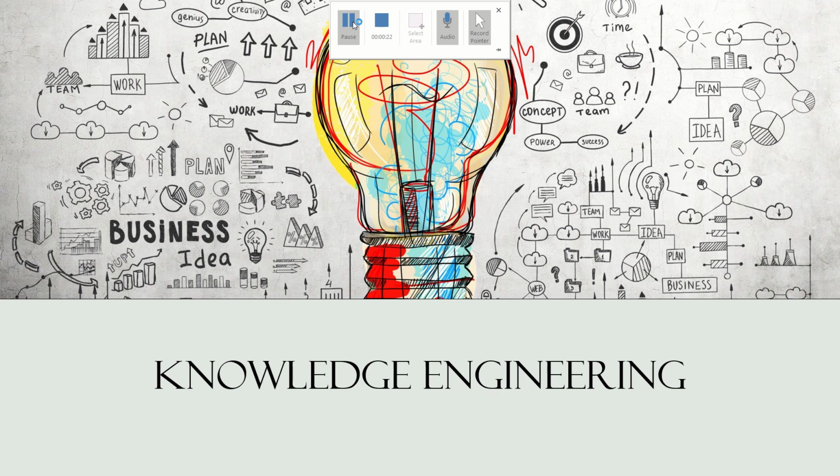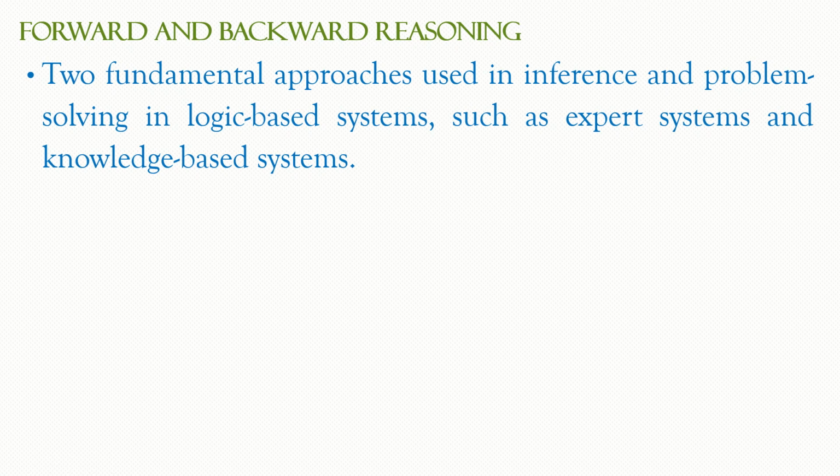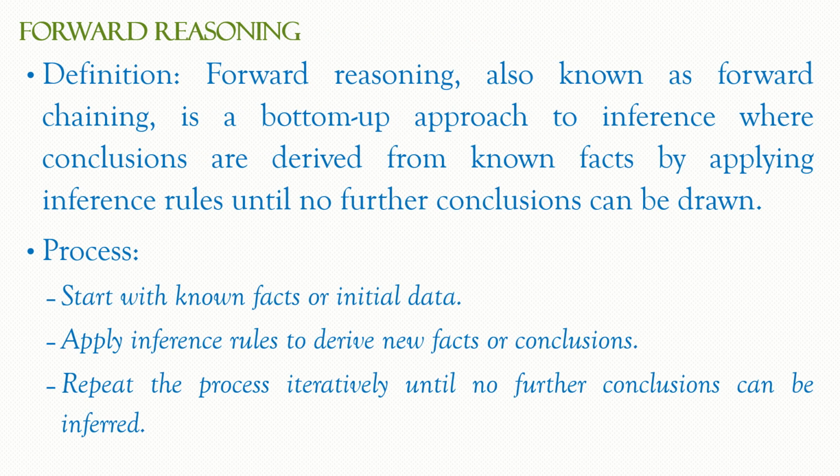That is the technique called forward and backward reasoning, which are the two fundamental approaches used in inference and problem solving in logic based systems such as expert systems and knowledge based systems. First, let us discuss forward reasoning.